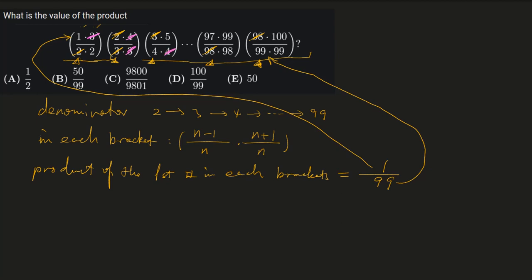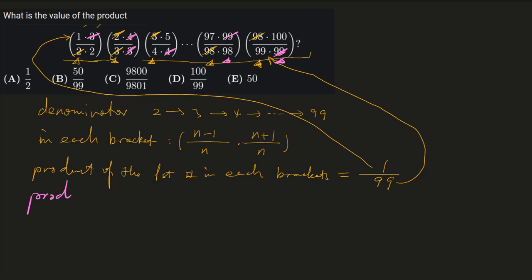And all the way to the last two pairs of parentheses, these two. And certainly the numerator in the previous parentheses cancels the denominator in the next parentheses.